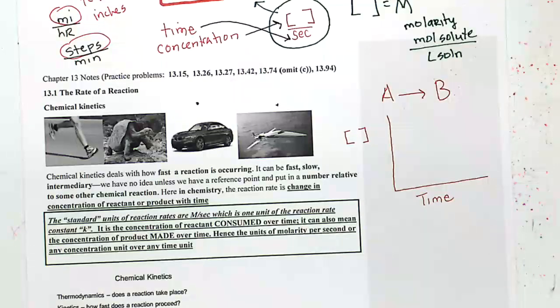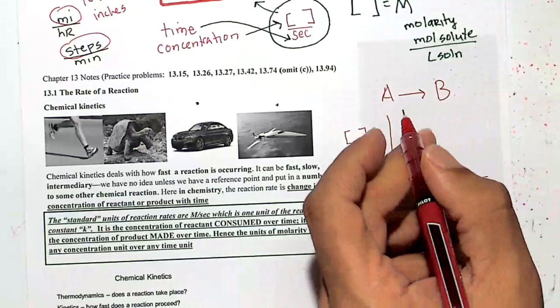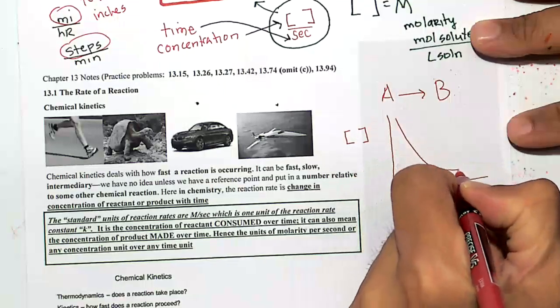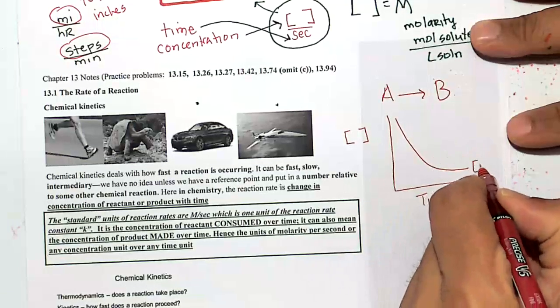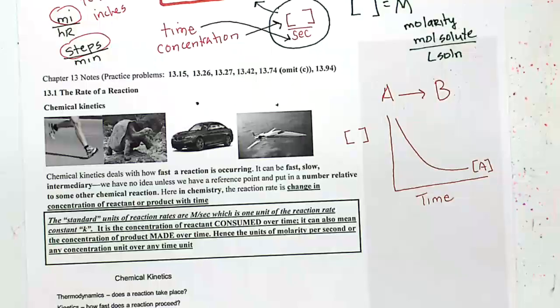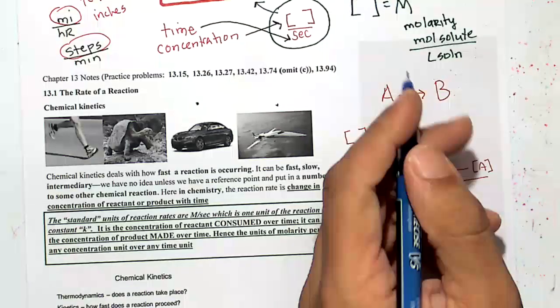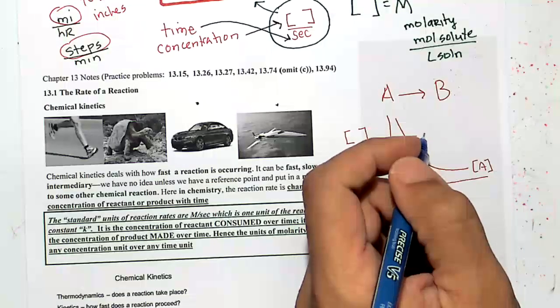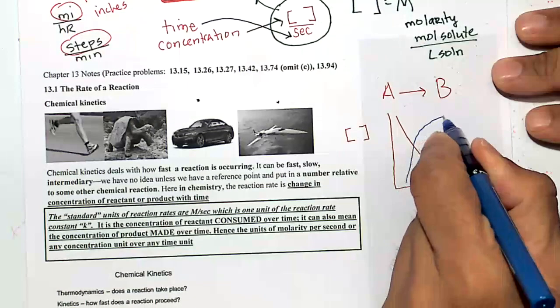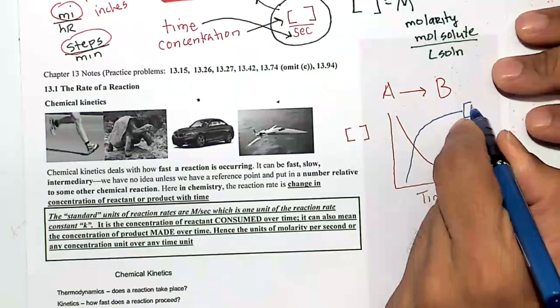So what do you think over time is going to happen to the concentration of A? It will go down, because it's being converted to product B. What will happen to the concentration of B over time? Yes, it is going to increase.